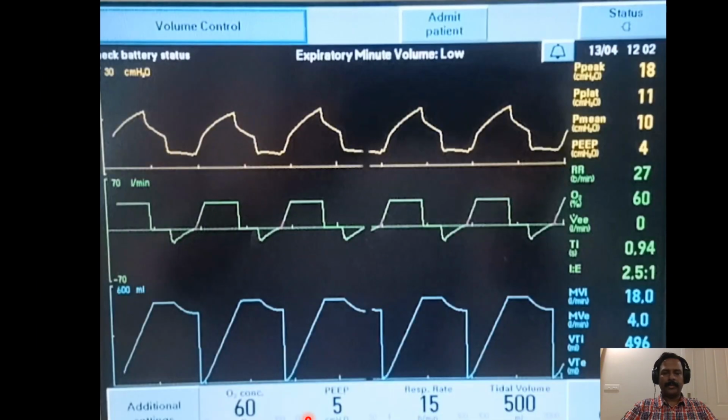So I have taken a screenshot. The main change is: one, you are having an expiratory minute volume low. Then we have to search for the answer.